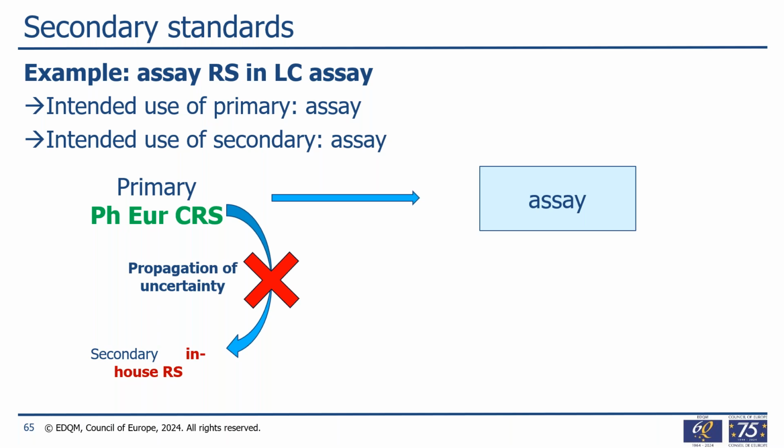To assign the uncertainty to your secondary reference standards, you would need, amongst others, the uncertainty which is associated to the primary European Pharmacopoeia standard. And this is not given because it's negligible if you use it for the intended purpose. So based on that, you can't use your secondary for an assay method.